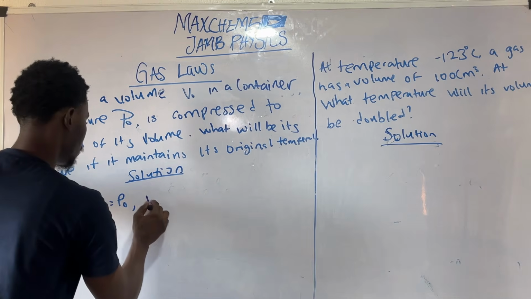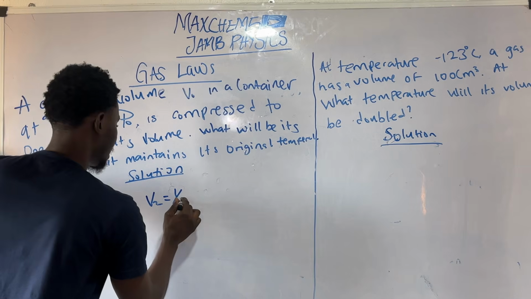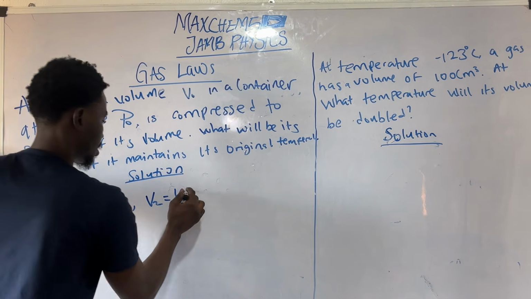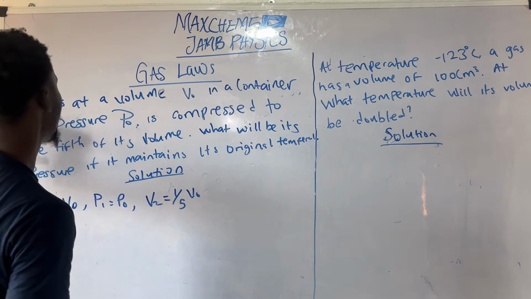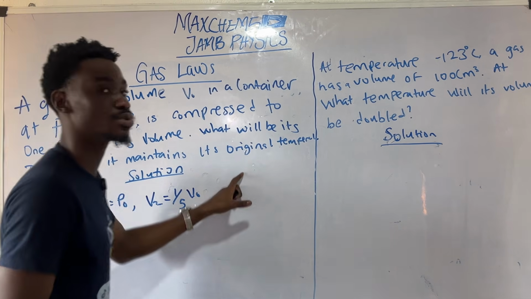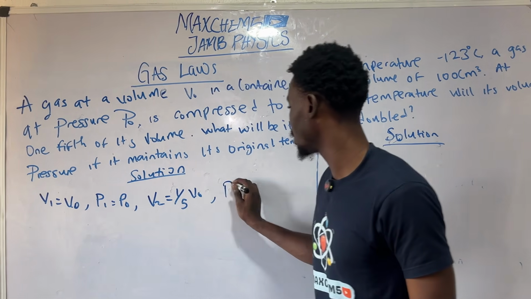That means its new volume, V2, is 1/5 of its original volume, which is V0. So they want us to find the new pressure, provided that it maintains its original temperature. So we are looking for P2.